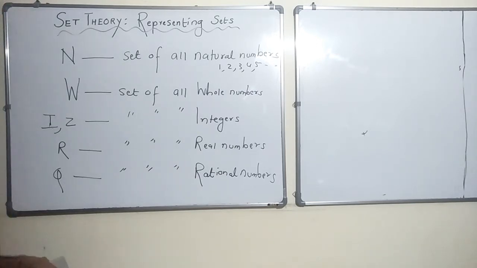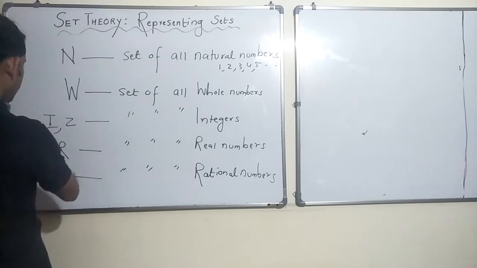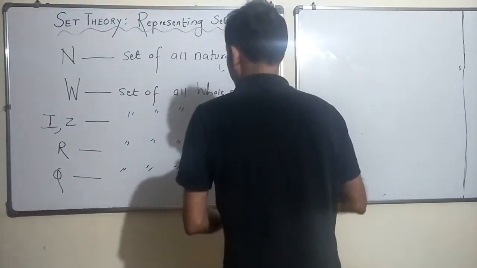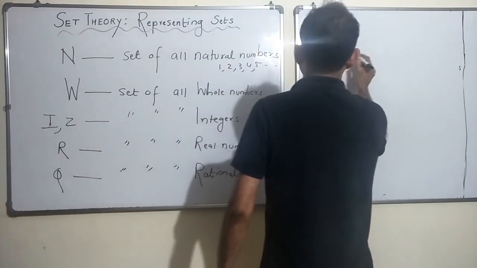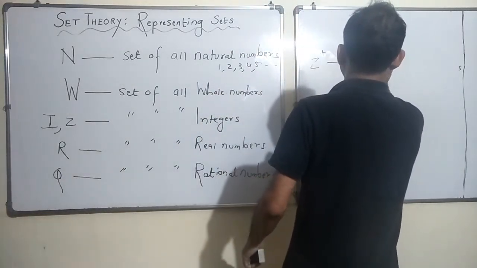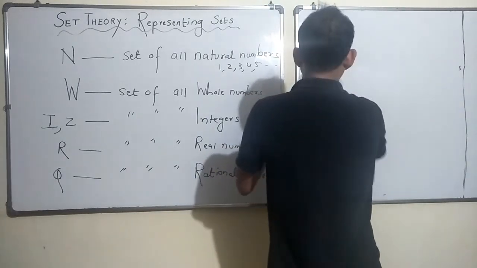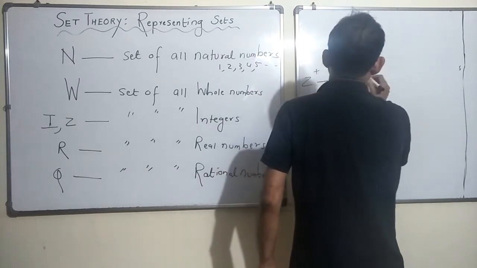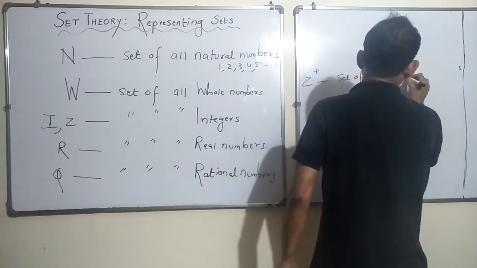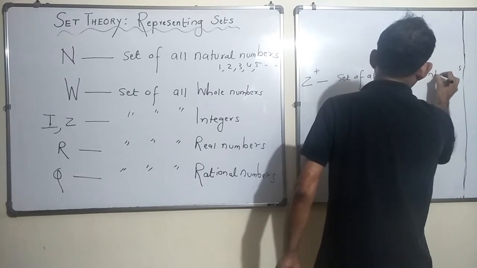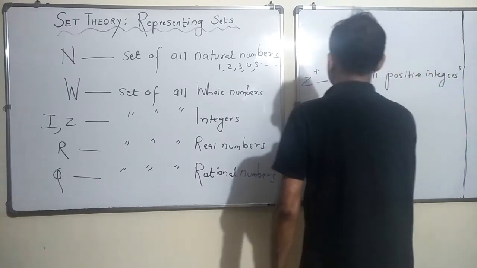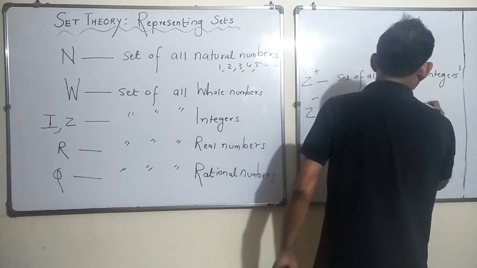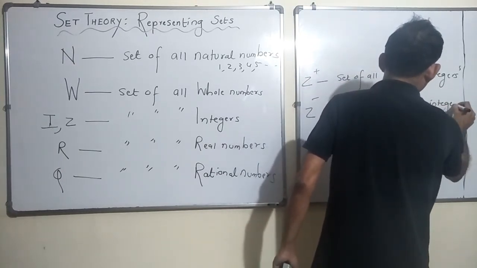All right, and if you want a little bit extra, you can say Z plus is the set of all positive integers, Z minus is the set of all negative integers. Just remember this.